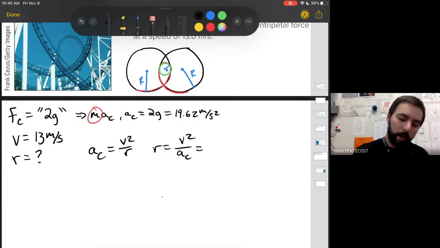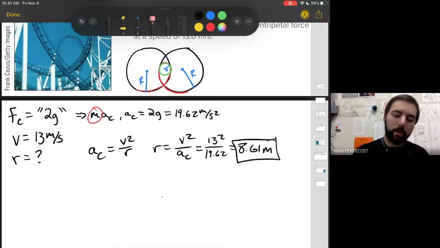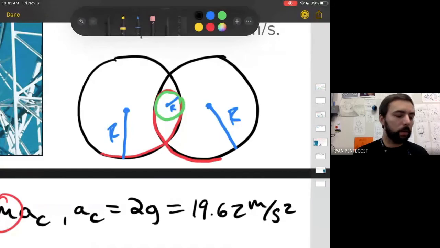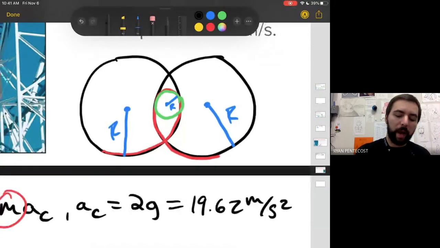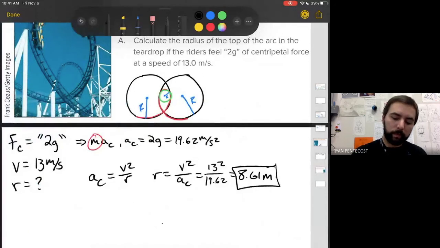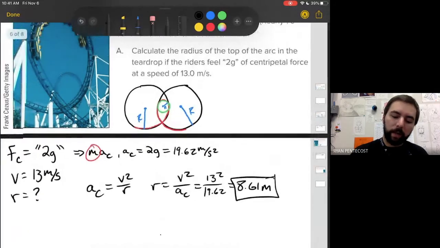So there we have 13 squared divided by 19.62, and you get 8.61 meters. So that is the radius at the top of this clothoid loop. Right there in that green circle, the radius would be 8.61, but the height overall is 40 meters. All right, so that is the radius of the top of the arc.